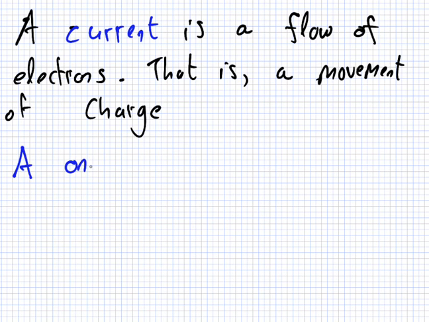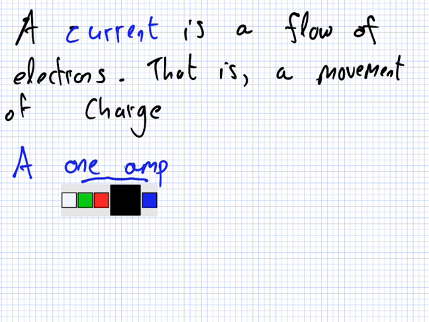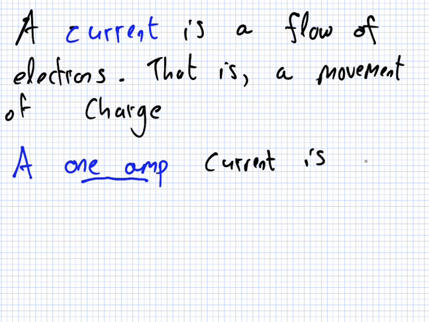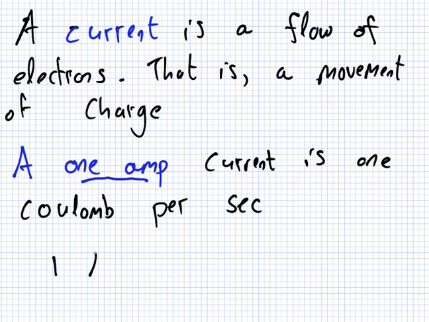A 1 amp current is 1 coulomb per second. So here's our first definition. 1 amp is 1 coulomb per second.